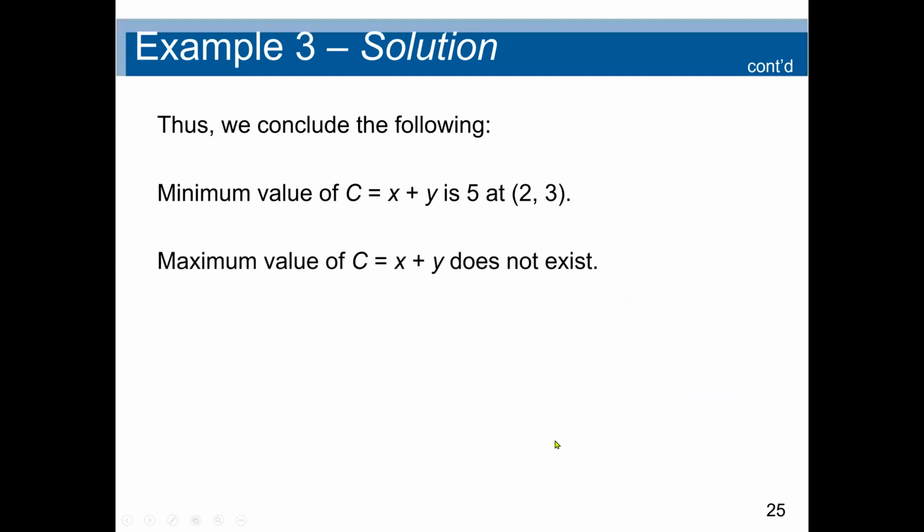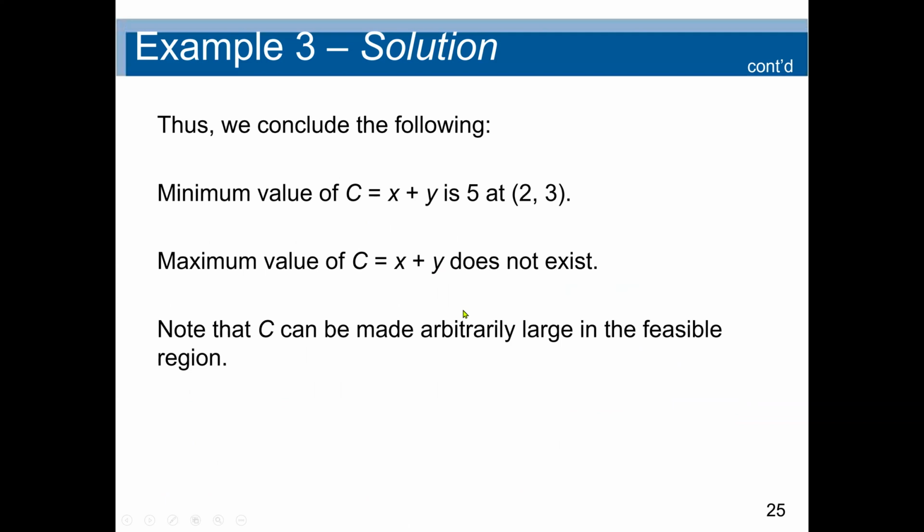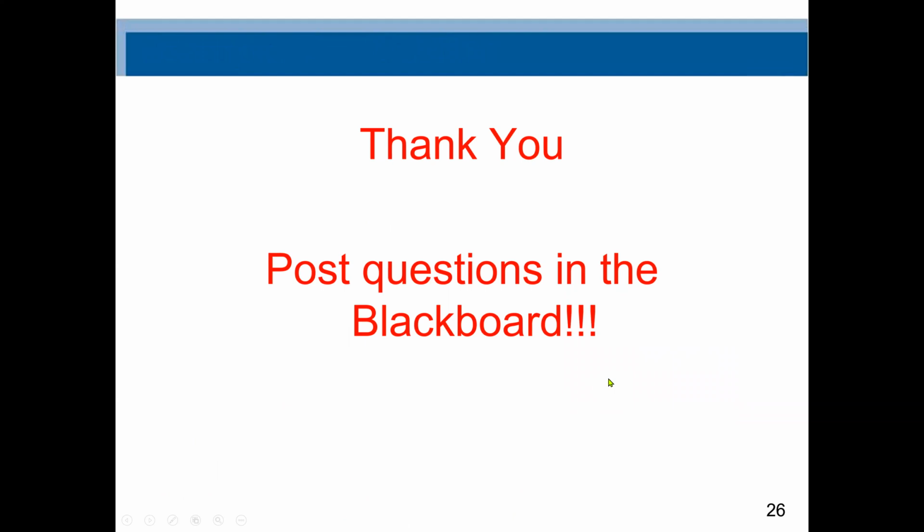So we conclude that the minimum value is this, but the maximum value of x plus y does not exist. We should know that C can be made arbitrarily large in the feasible region because it's open. So again, that will be the end of our first section of the linear programming course.